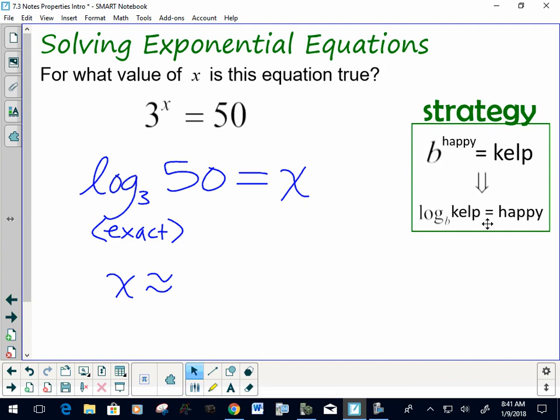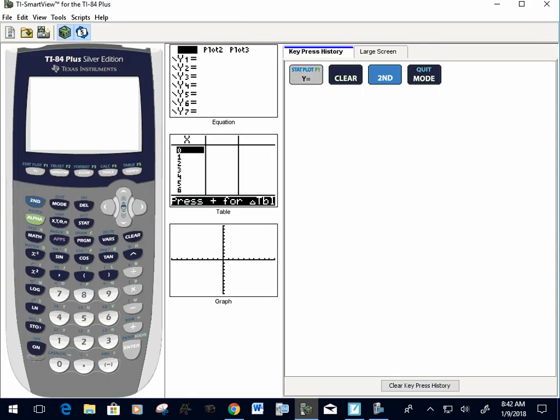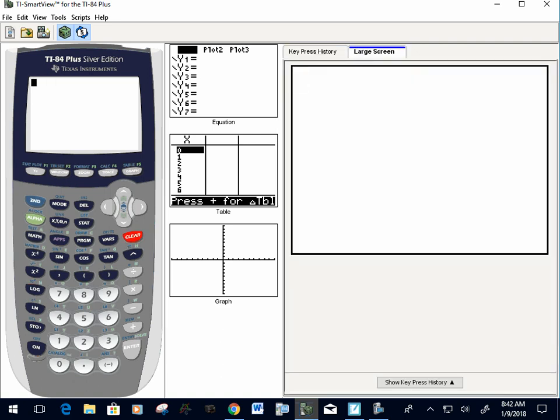So I wanted to show you a way to have your calculator calculate something like a base 3. We talked before with the calculators about how the LOG button is base 10, and the LN natural log button is base e. But if we want to know something that's base 3, we need a base 3 button.